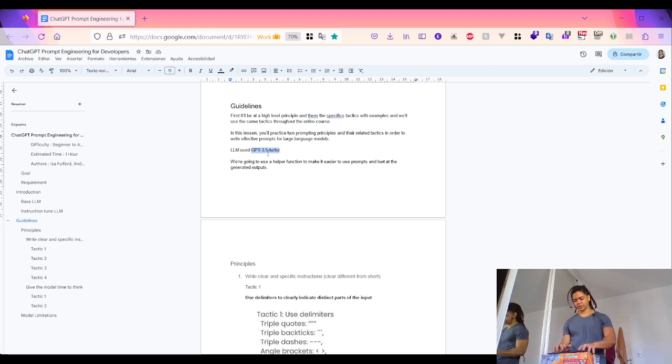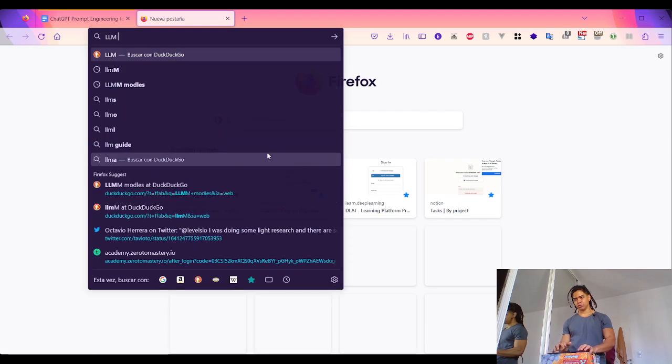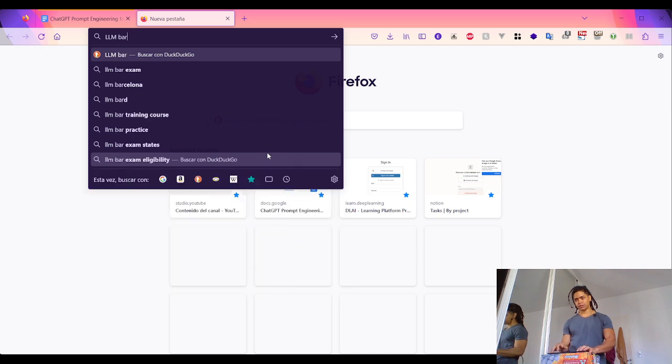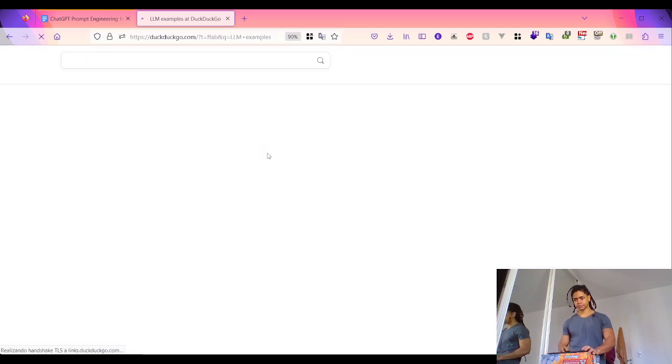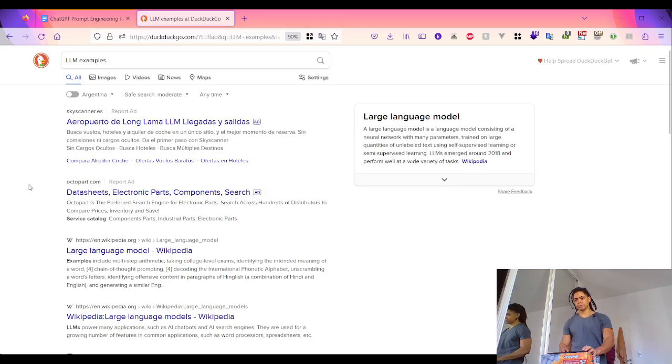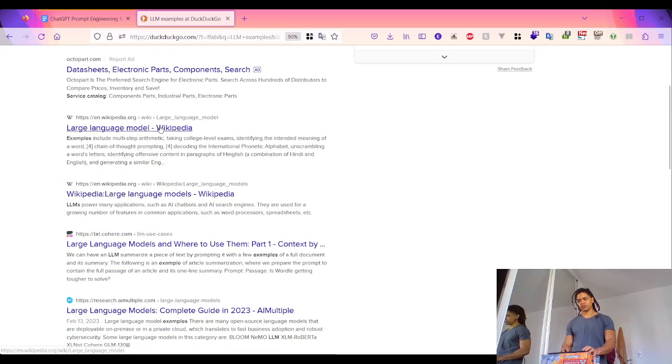For example, there is a large language model called Bard, I think it is.